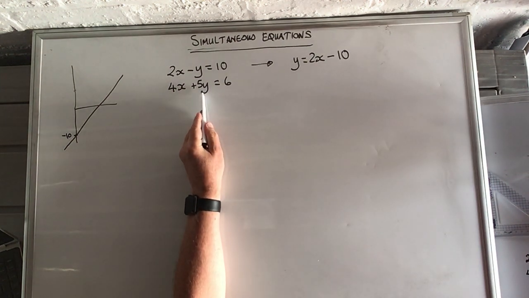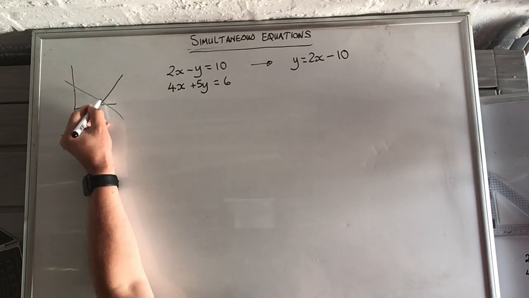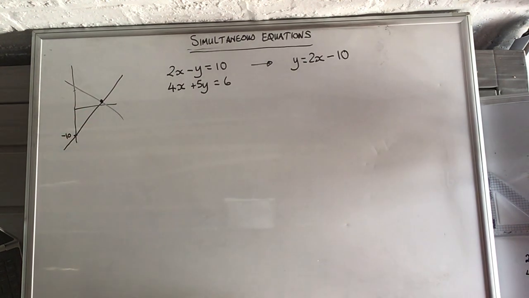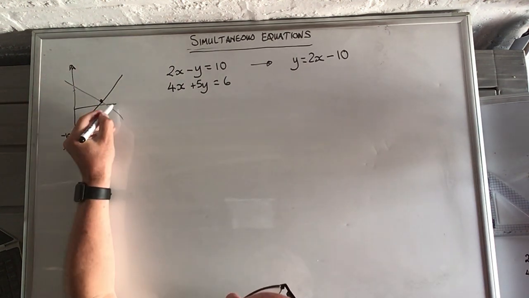This one here, if I rearrange it, that's a negative gradient, a negative gradient. And I'm just doing this wee bit in my head, and it'll cross through at 6 or something up here somewhere. So I don't know, it'll go something like that. It might be further down here. It's just a rough sketch to get an idea of what you're doing.